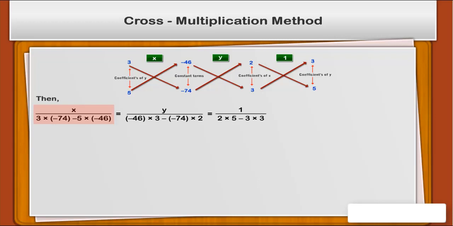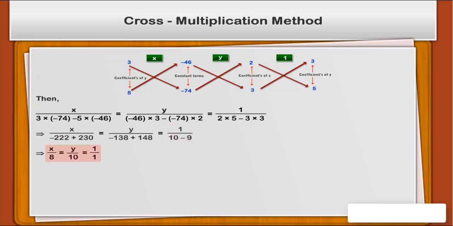Then, x upon (3 into minus 74 minus 5 into minus 46) is equal to y upon (minus 46 into 3 minus 74 into 2) is equal to 1 upon (2 into 5 minus 3 into 3), which implies x upon (minus 222 plus 230) is equal to y upon (minus 138 plus 148) is equal to 1 upon (10 minus 9), which gives us x upon 8 is equal to y upon 10 is equal to 1 upon 1.